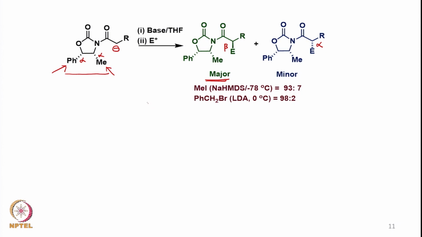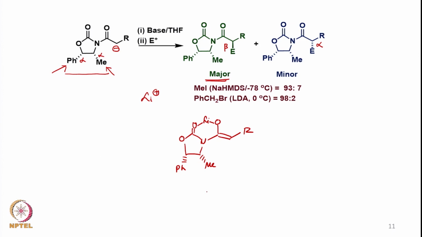Normally the lithium salts are better, because when we have an auxiliary like this, the enolate that is going to form would be better in terms of chelation when it is lithium than when it is potassium or sodium.